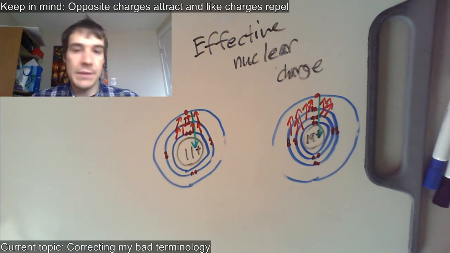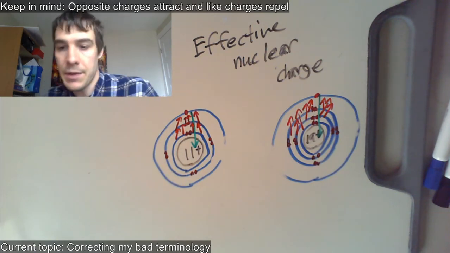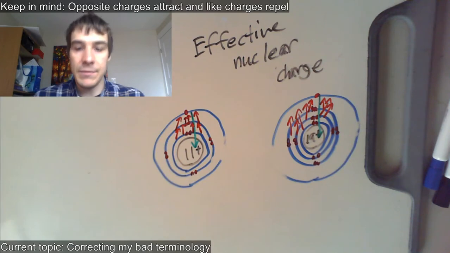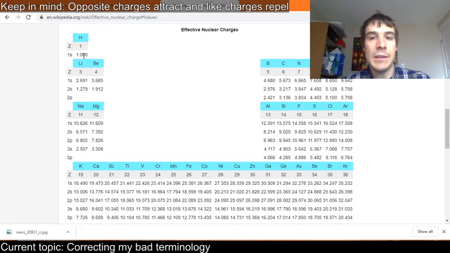There's actually tables of this, so I'm going to pause and pull up the Wikipedia page, which has a really good table. So I'm on the Wikipedia page for effective nuclear charge, and you can see here that hydrogen, just 1 electron, sees an effective nuclear charge of 1, so it feels the whole proton.